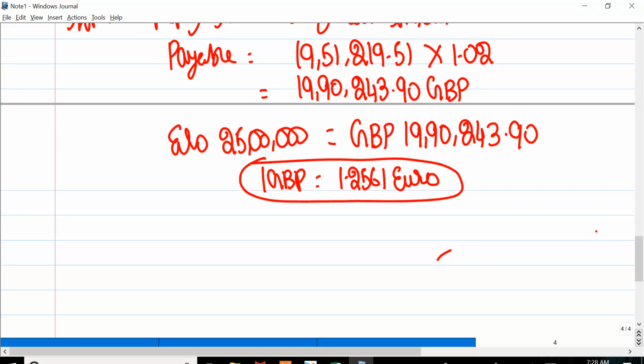This should be the rate in the market, 1.2561 euro. The forward contract today ideally should give me this rate, 1.2561 euros. Because both are certain, money market hedge is also certain and forward contract is also certain, so both should broadly give us the same answer. So according to the analysis, 1 GBP should be 1.2561 euro. Any doubts in this?